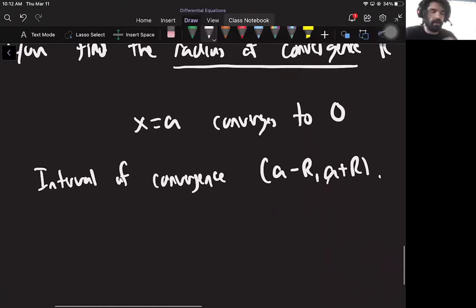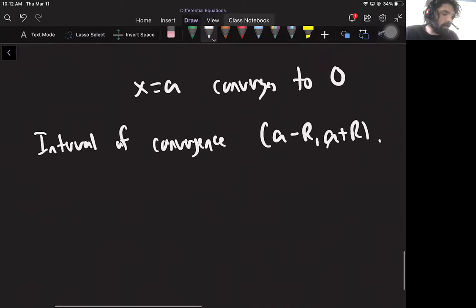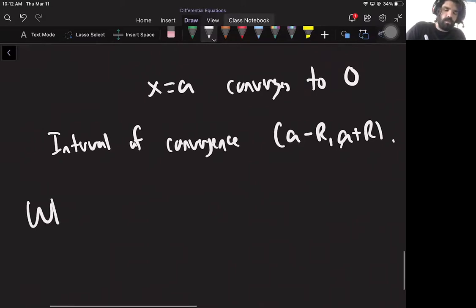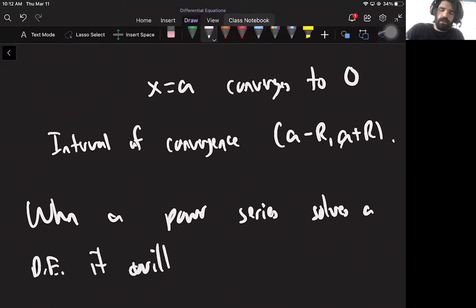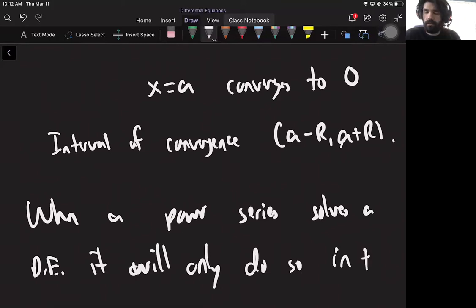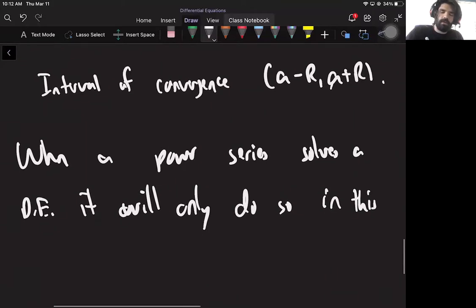So there's all these background things to worry about, but we're going to try not to get bogged down by them too much. Okay, so then when a power series solves a differential equation, it will only do so in this interval where the power series actually makes sense.